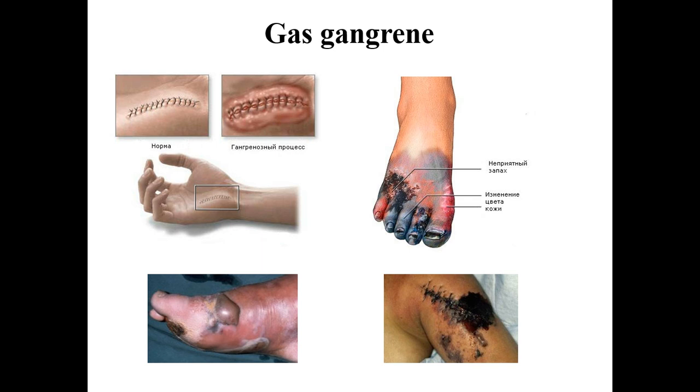Clinical manifestation of gas gangrene. The incubation period is variable depending upon the nature of injury, the amount of wound contamination, and the type of Clostridial species involved. For example, 10-48 hours for Clostridium perfringens.